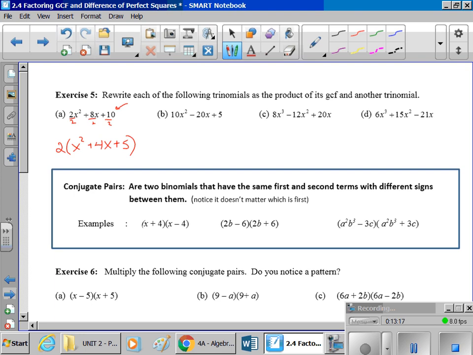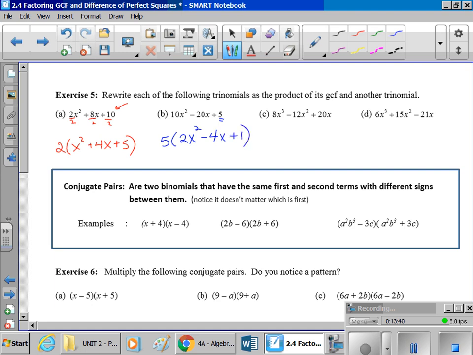Same thing goes for B. I don't have an x in every term, so I'm just going to take out a 5 from each one, because I look and see the smallest number, 5, and 5 goes into 20 and 10, so I'm done. 5 times 2x squared minus 4x plus 1.